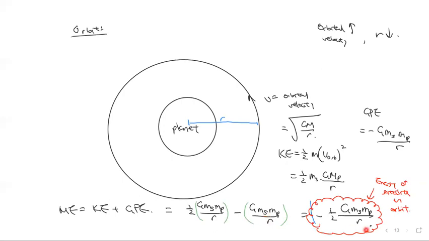But in terms of just overall concepts, as you go further out, your GPE goes up. And assuming you have the same amount of mechanical energy, that means your KE goes down.